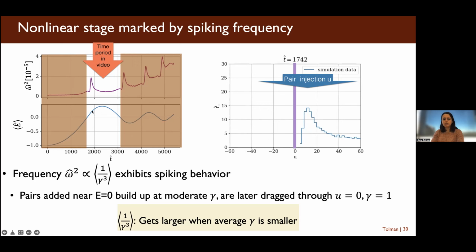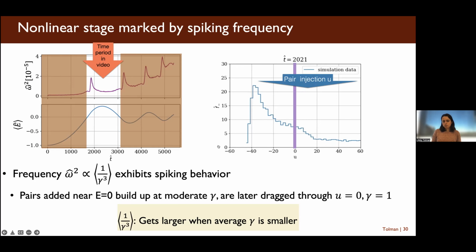But as time goes on, the electric field will increase, and this increase will pull the electrons in momentum space through momentum of 0, and they'll be moved into the other direction. So you've got a bump in the distribution function, and then it gets pulled through u of 0.